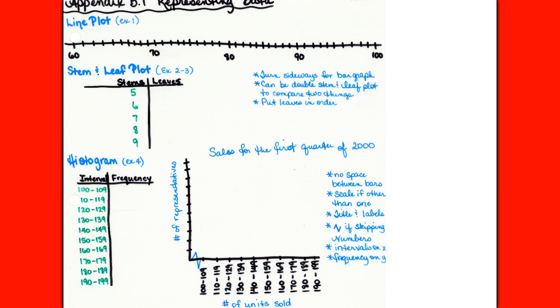So when we're looking at a line plot, which is what they asked me to do in example 1, I need to look at that list of information and find the lowest number and the highest number. The lowest number I see is in that first row, 64, and the highest number I see is in the second row, 96.